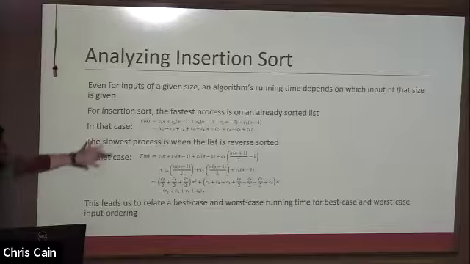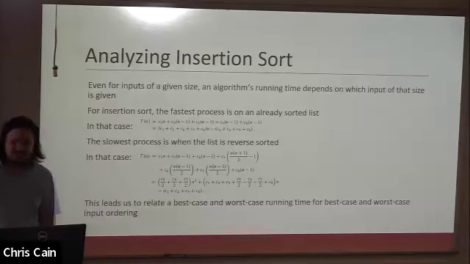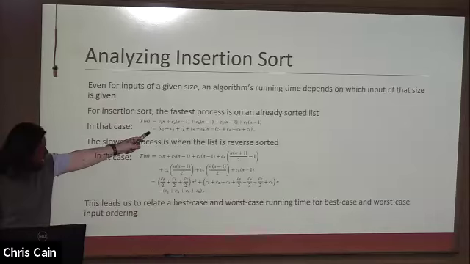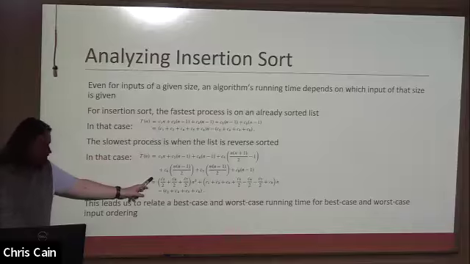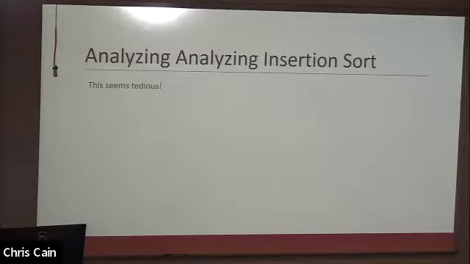Okay, so we can take this idea and directly correlate it to a best case and a worst case running time. We can see the linear nature of the best case. We can see the quadratic nature of the worst case. And the average case is somewhere in between with a good bit more work. Average case is usually the hardest one to find. So yes, this certainly seems tedious.